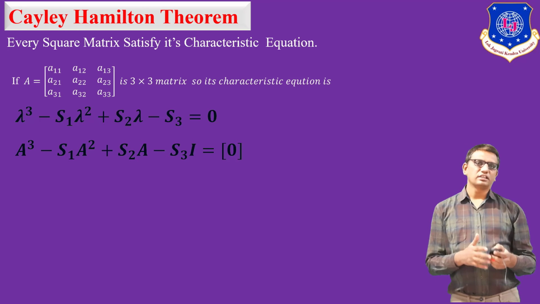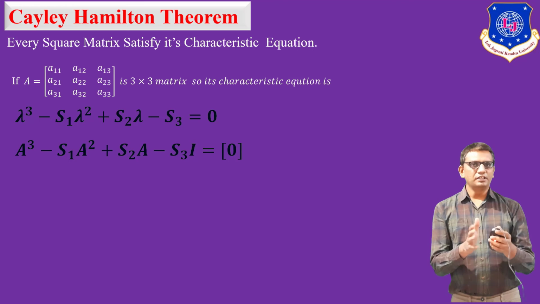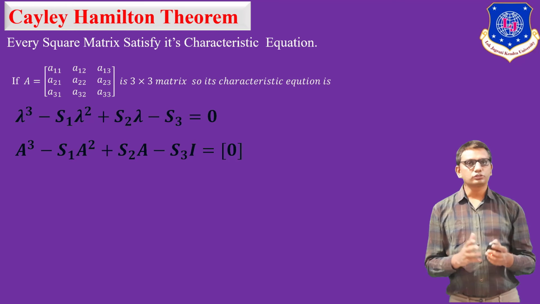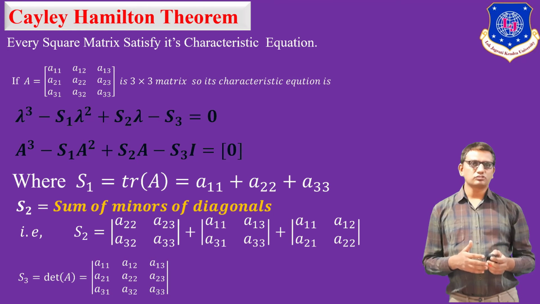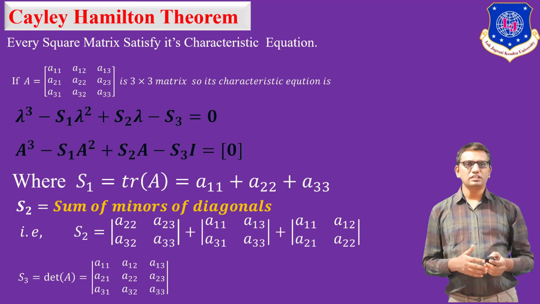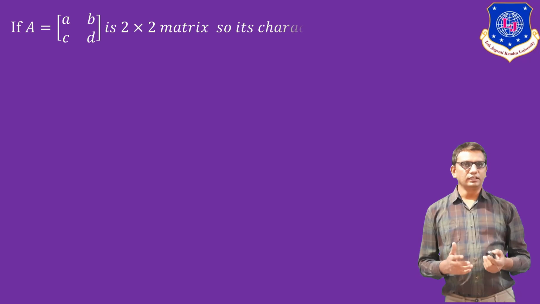In this case, the last term is the identity matrix of order 2 cross 2. Here s1 is the trace of matrix A, s2 is the sum of minors of diagonal entries, and s3 is the determinant of A.